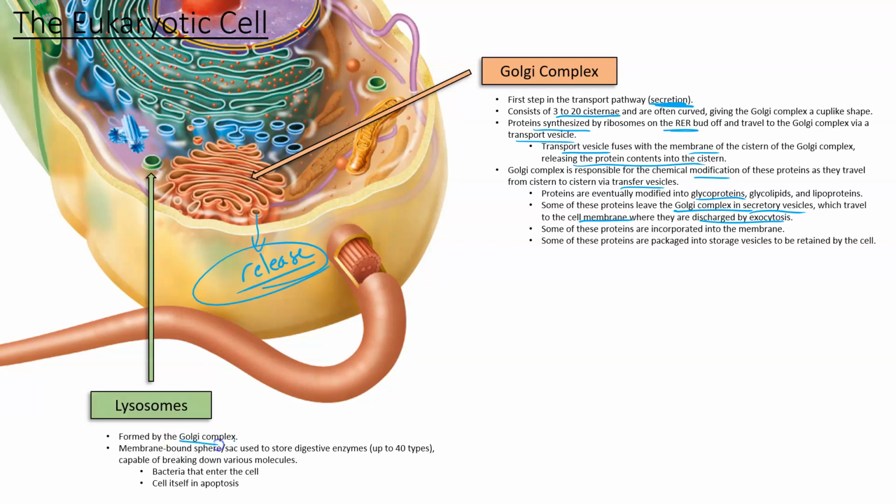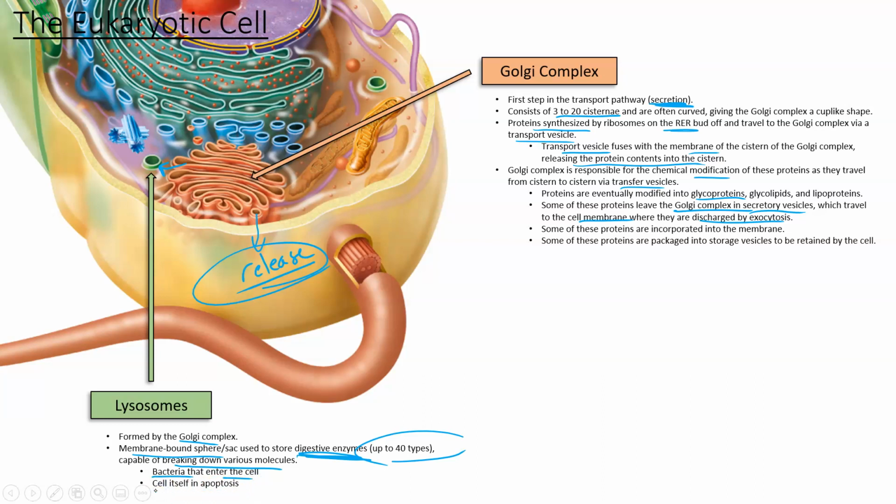Lysosomes are a specific type of vesicle. It is formed by the Golgi complex. So this vesicle would have been budded off of the Golgi complex, and it is a membrane-bound sphere or sac that contains digestive enzymes. Up to 40 different digestive enzymes are contained within a lysosome, and the lysosome is kind of like the individual cell's immune system. They are able to break down entire bacteria that may enter the cell and potentially cause disease.